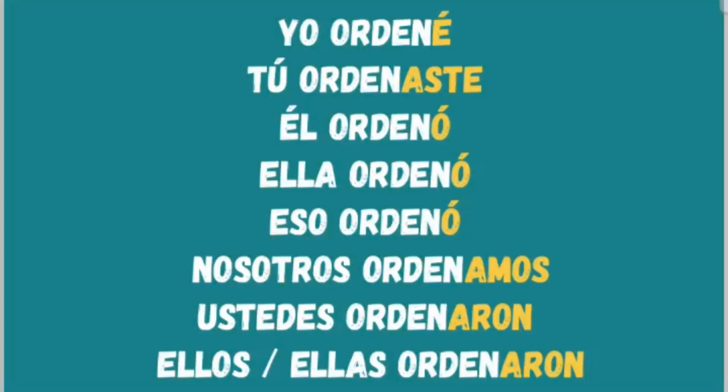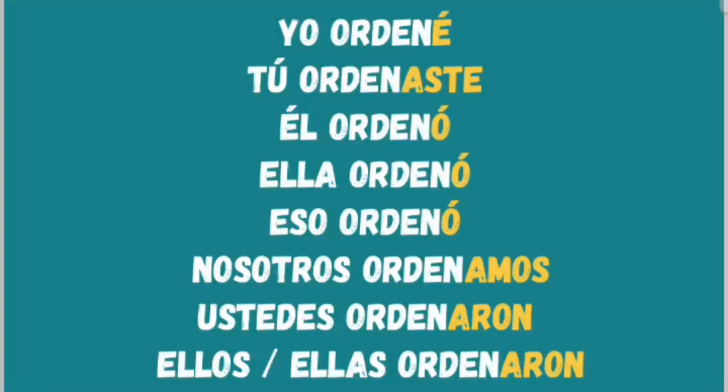Now, if you're talking about it, then you have to say eso or esa. I forgot to put letter A also. Eso ordenó. It ordered. And look, the ending is exactly the same. Él ordenó, ella ordenó, eso ordenó, because those are third person pronouns.